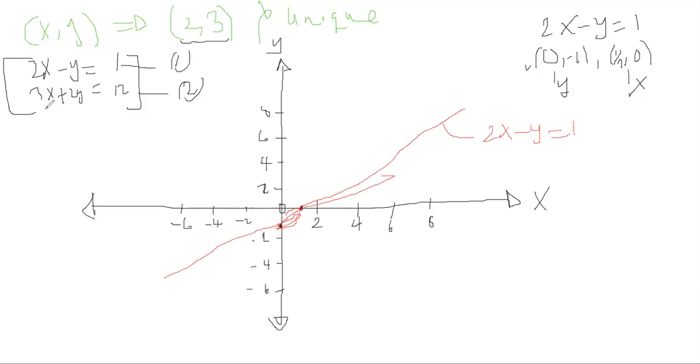So then we also look at this other one, the second equation. We have to find the x and the y intercept in order to be able to draw the graph on the plane. So we will realize that the intercepts are these ones, 0 and 6.